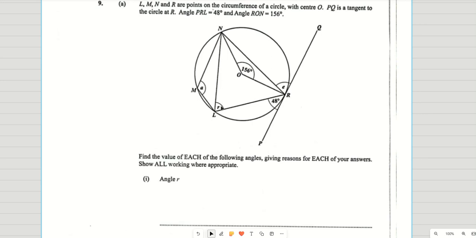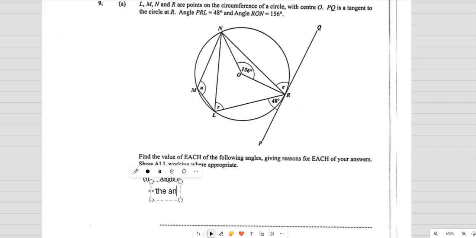Angle RLN. Right, so we can see that they have the same chord, not so? And we know that the angle at the center of a circle is twice the size of the angle at the circumference. So that is the rule. You see how they said explain the reason?